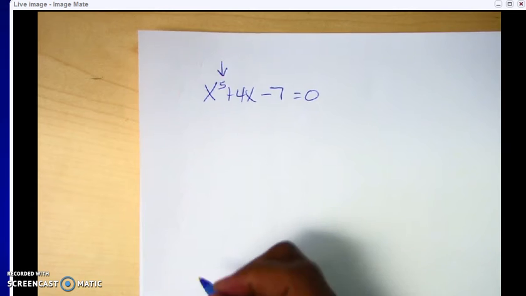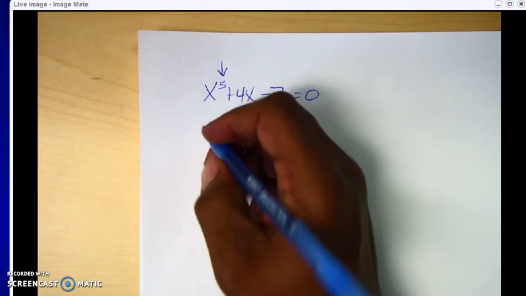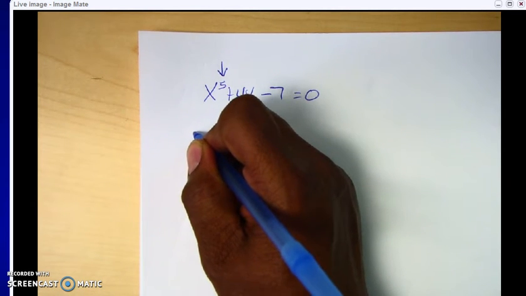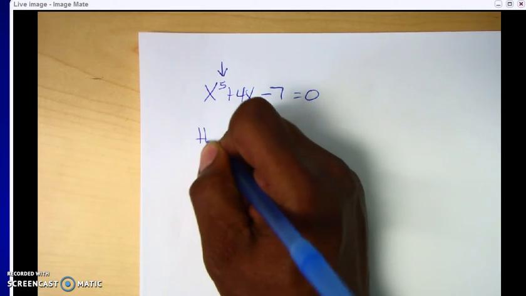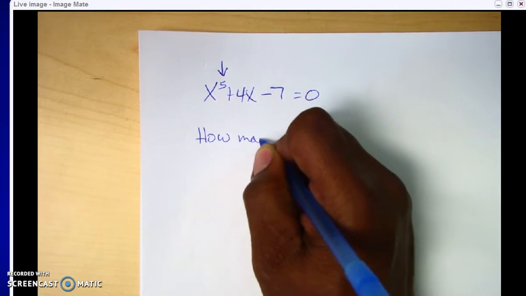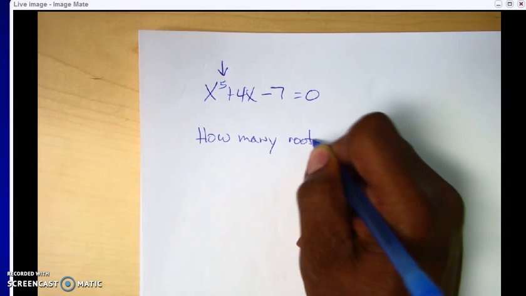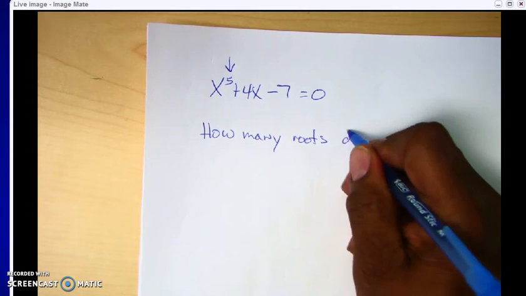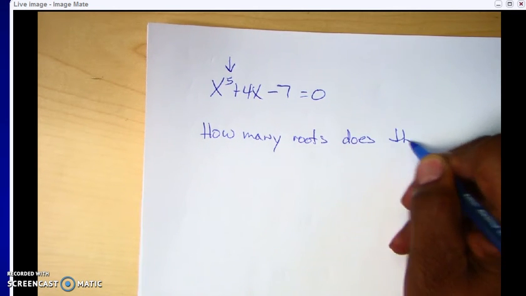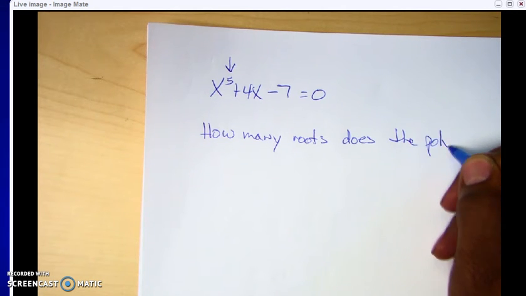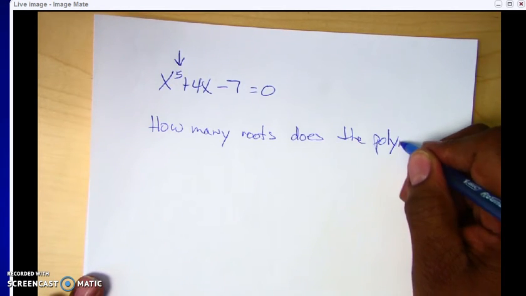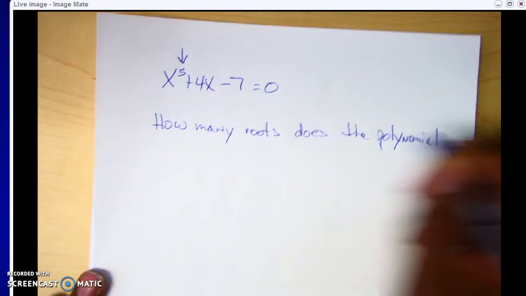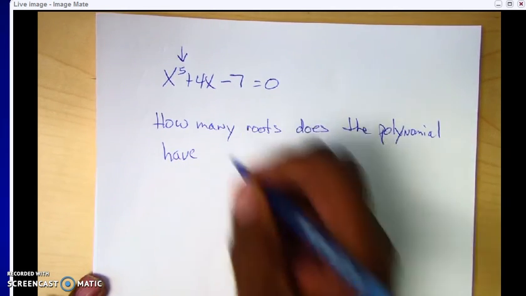Okay, so whatever. Here's if they say something like this: how many roots does the polynomial have? Then you would say 5.